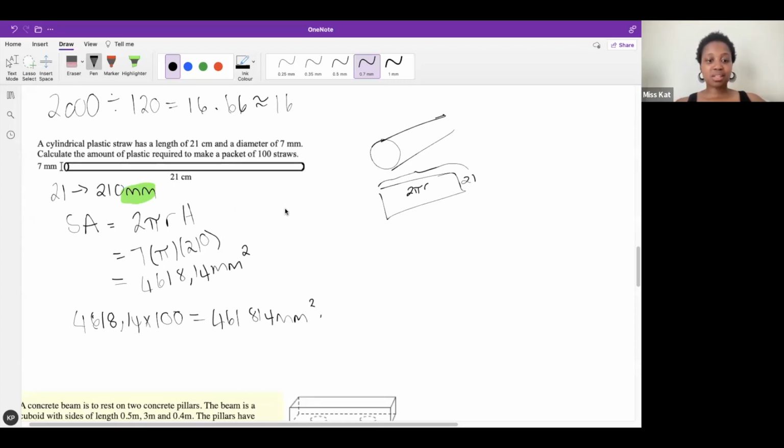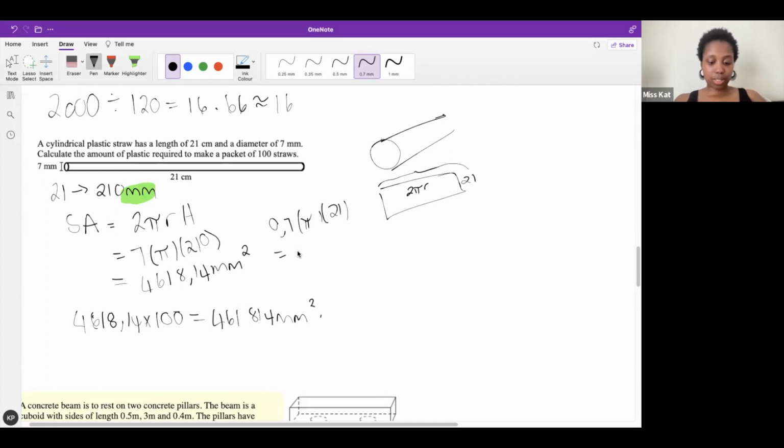It's just going to be in the formula. It's going to be 0.7 times pi times 21. And let's see how much that's going to give us if we do it in centimeters. Let me check quickly on my calculator.